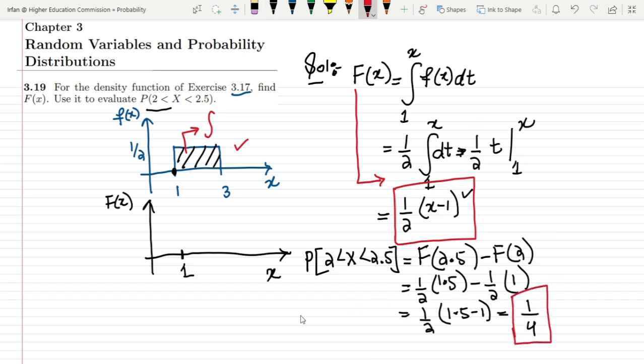So we have found the probability of items lying in different ranges by using the CDF we found here, and that is what we had to identify and solve in question 3.19.